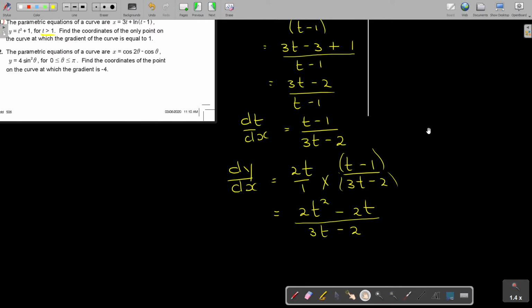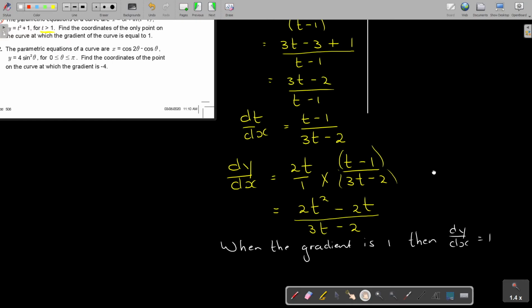Okay, now, let's just go there, find the gradient on the point of the curve at which the gradient of the curve is equal to 1. So when the gradient is 1, then dy over dx is equal to 1. That's basically what's happening.